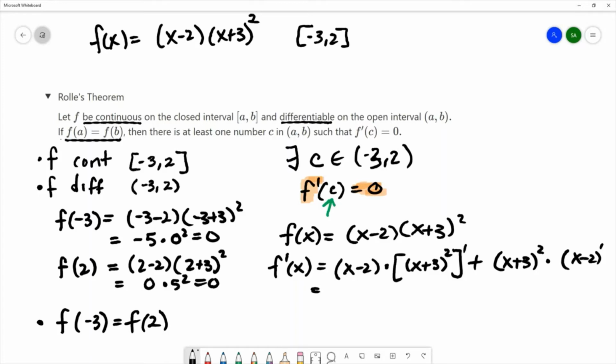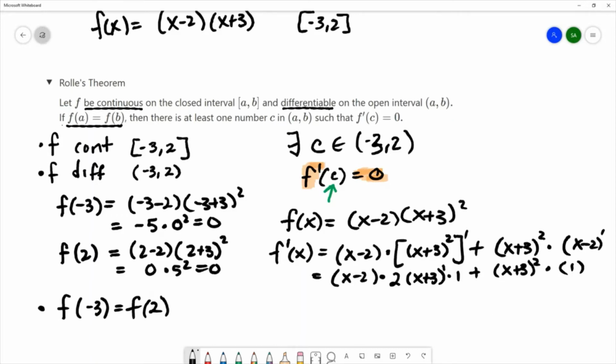And I'll simplify to get (x minus 2) times, here I'll use the chain rule. And the derivative there is 2 times (x plus 3) to the first power, and the derivative of the inside is 1. Continuing, I have (x plus 3) squared, and the derivative of x minus 2 is 1. I'd like to leave this in factored form. I have a common factor of x plus 3, which I'll factor out.